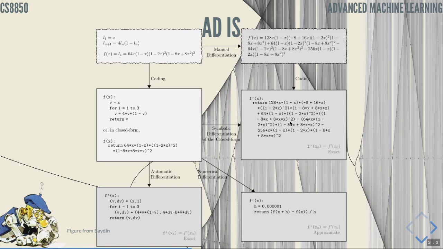This will be more of a manual approach. So we can code up the function in closed form and apply symbolic differentiation to the closed form, and we will get this function again. Automatic differentiation transforms our original function into something else.